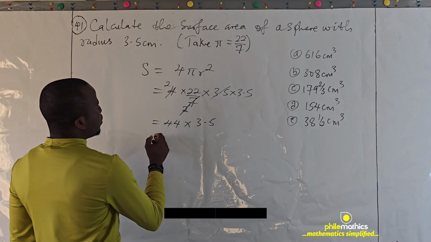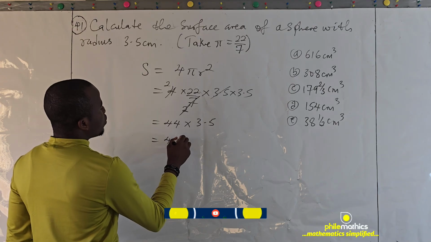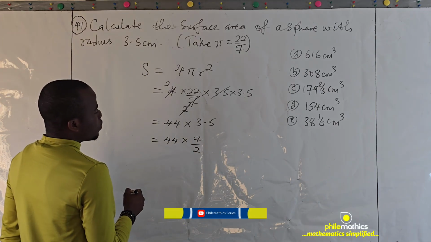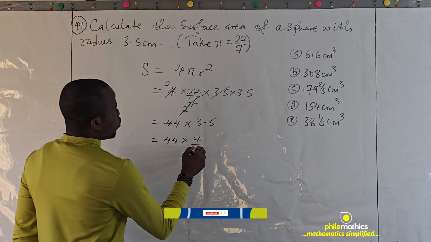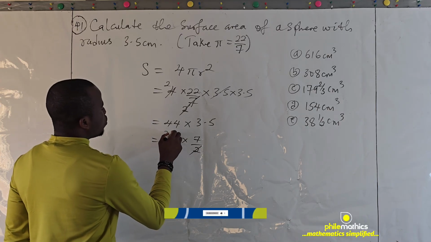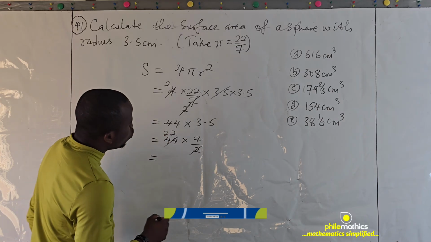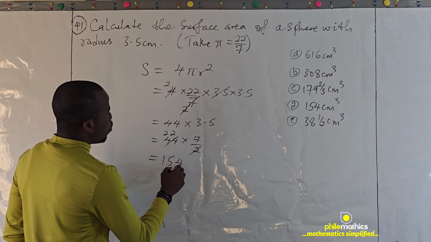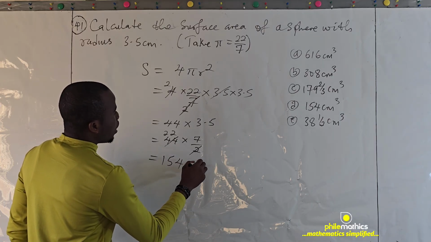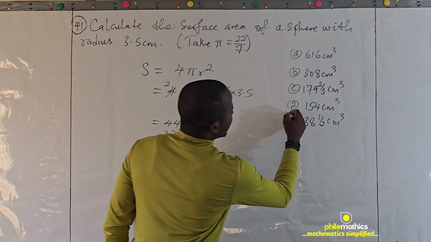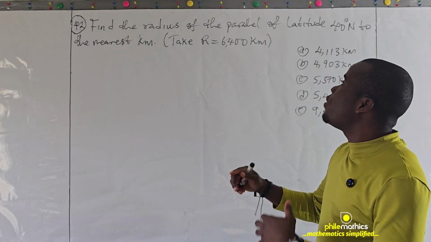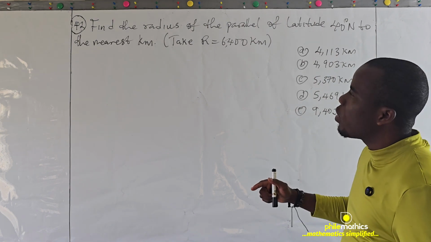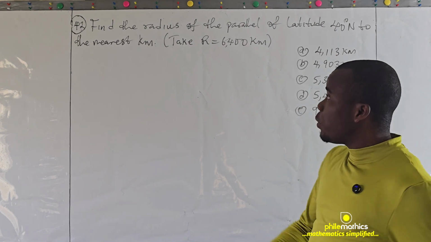So this is like saying 44 times 7 over 2. And so 2 here is 22. And 22 times 7 is 154 centimeter square. That's D.